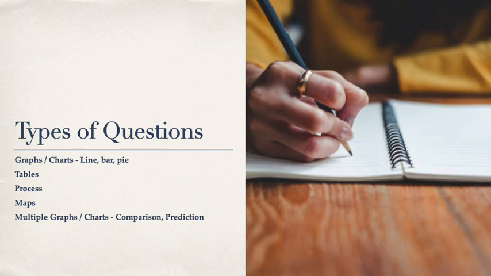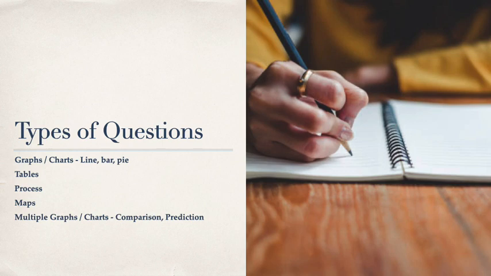So usually when it comes to task 1, they will be giving you some sort of a chart, a table, a diagram. First you have to summarize, identify some trends in those, and then you have to describe it using at least 150 words. What are the types of questions that will be given to you?